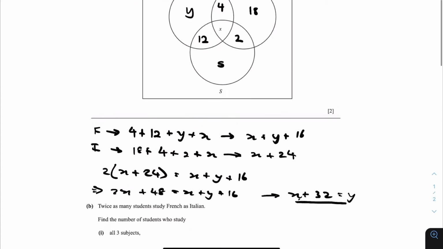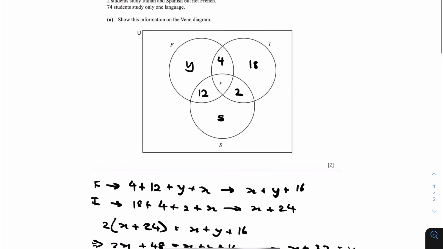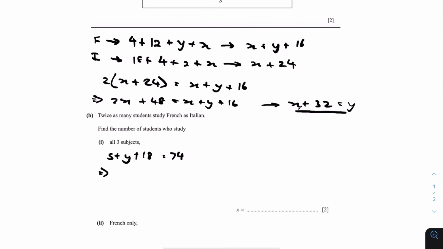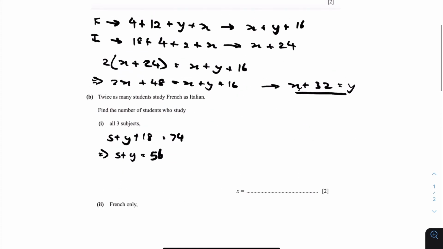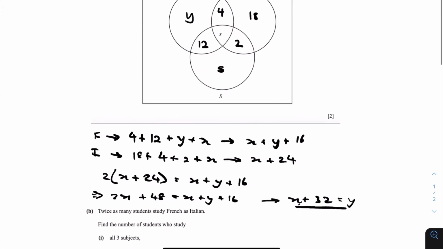So S plus Y plus 18 is equal to 74, which means that S plus Y is equal to 56. So we've also got that to rely on. But at the moment, just looking at it, it wouldn't be too helpful. We need to find something in terms of X and Y or just Y alone, because then we can make a set of simultaneous equations.